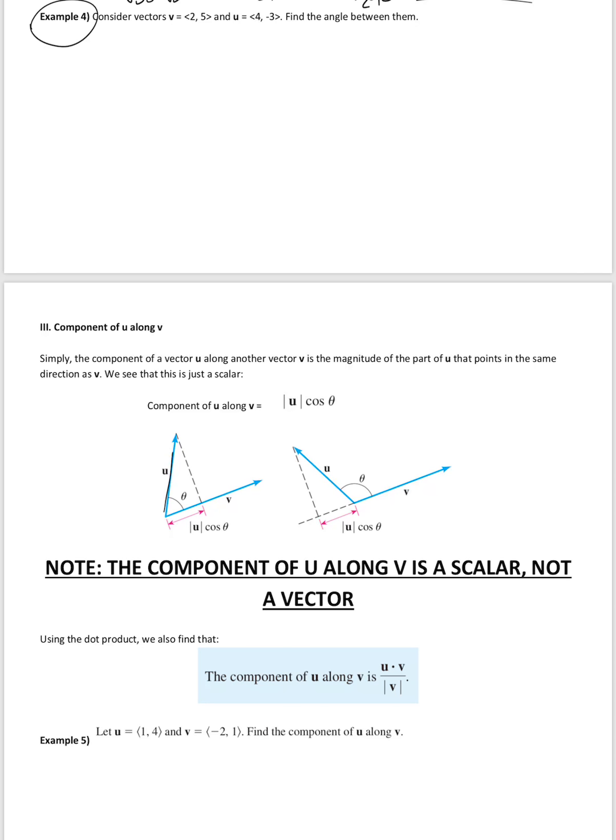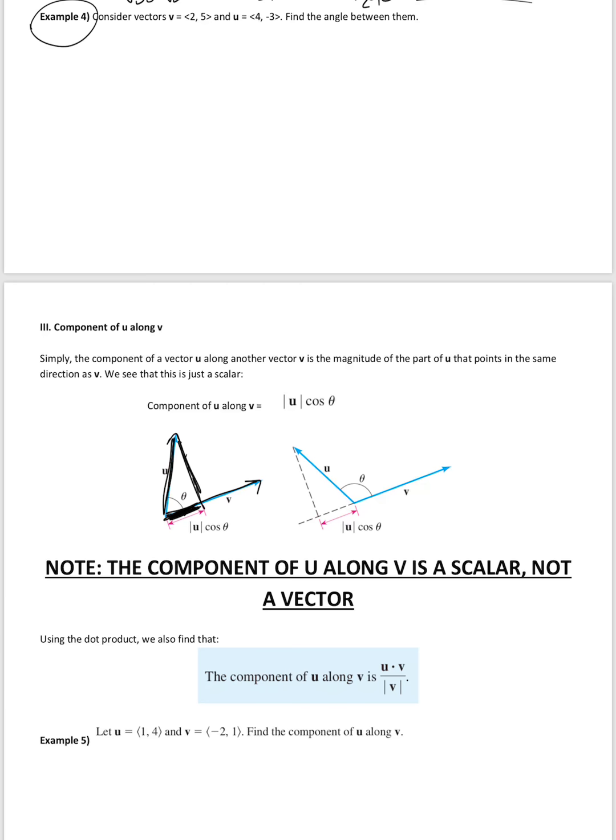So it's more useful, I think, to look at these pictures. If I have this vector u and this vector v, the component of vector u that is along the vector v is the magnitude of the part of u that points in the same direction as v.